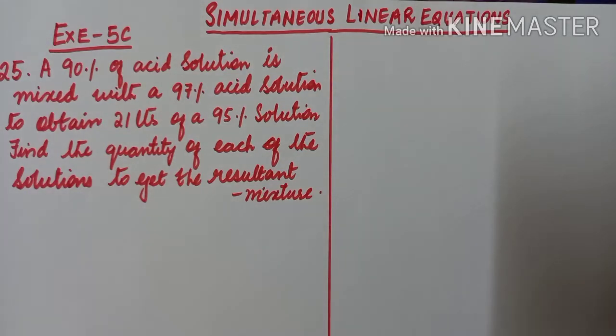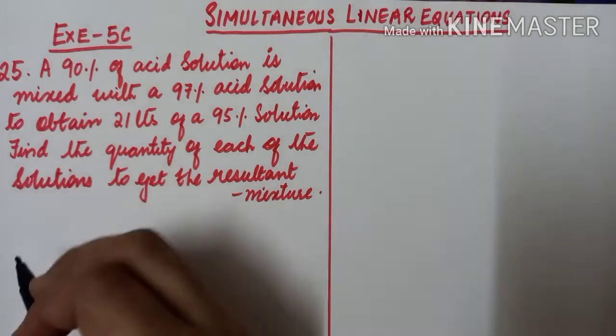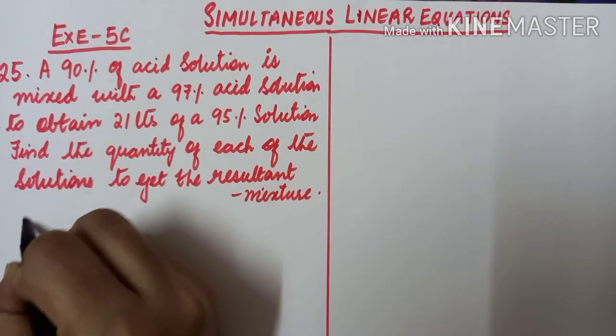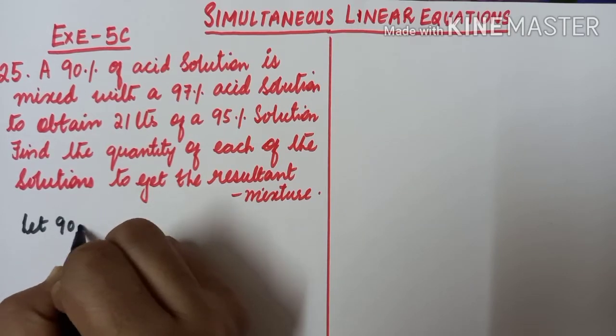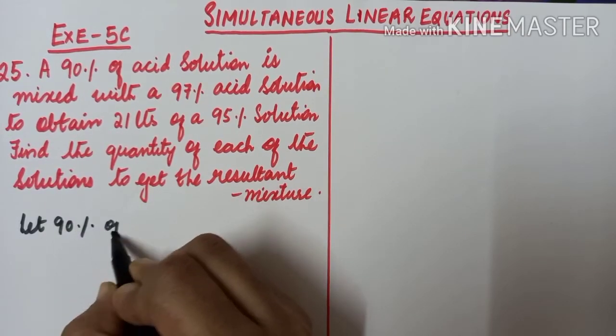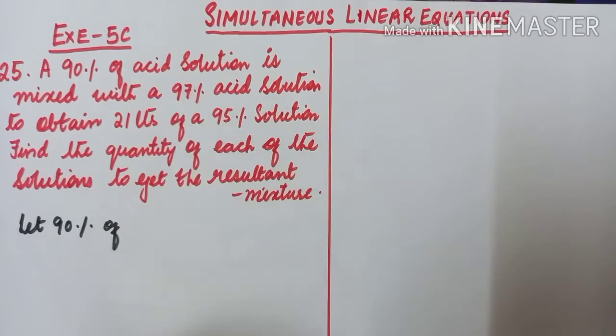So first and foremost, let us take the quantity of the 90% acid solution, which we don't know, as x liters. That is the unknown value.